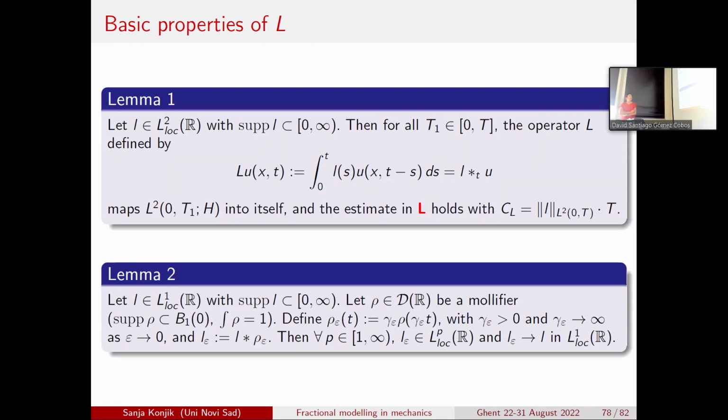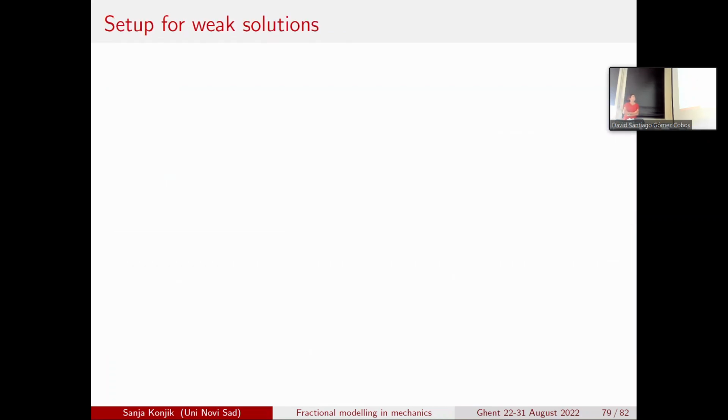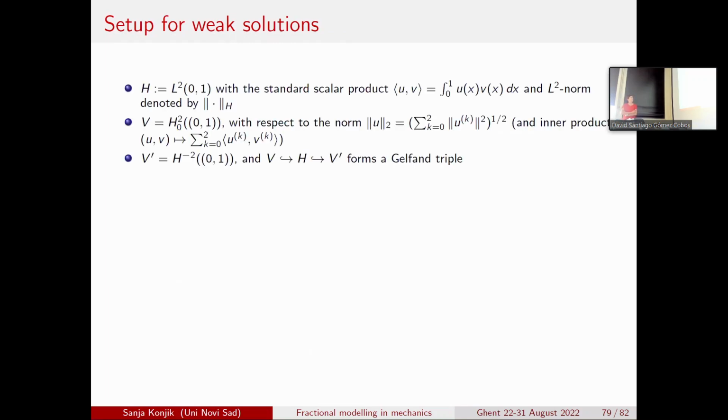Okay, and then first we do that for weak solutions. So we now choose concrete spaces for H, V, and V prime, so the dual.